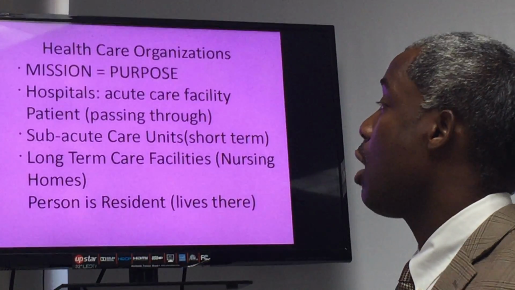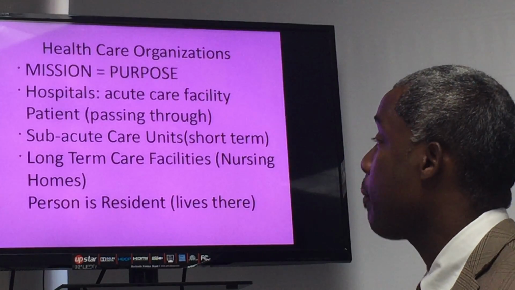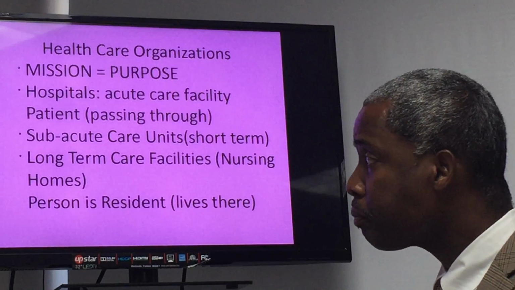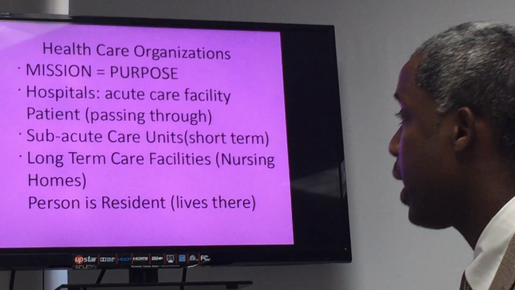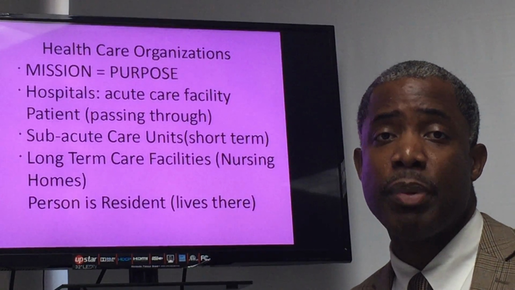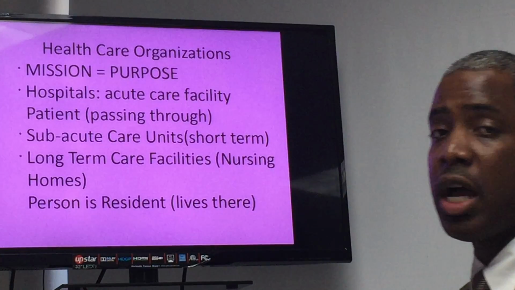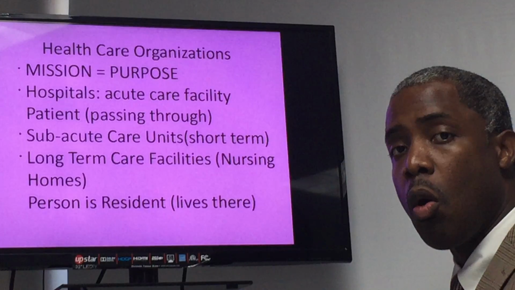You have subacute care units, long-term care facilities such as the nursing homes, and these types of facilities provide the type of care that is needed when the patient finishes with the hospital, gets discharged from the hospital, and now is not doing well enough to go home.